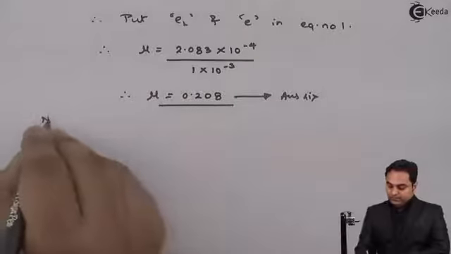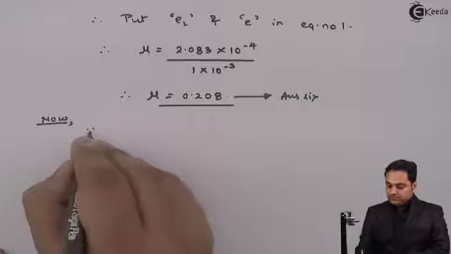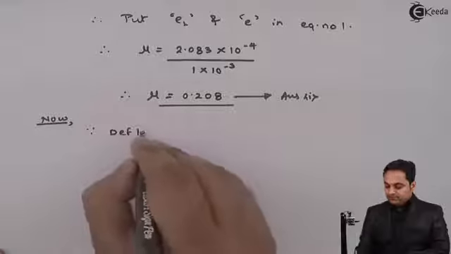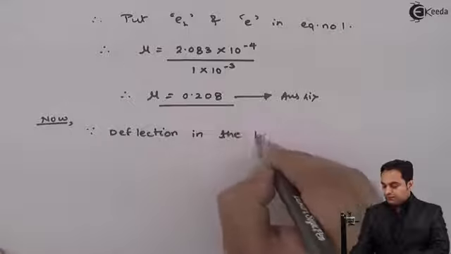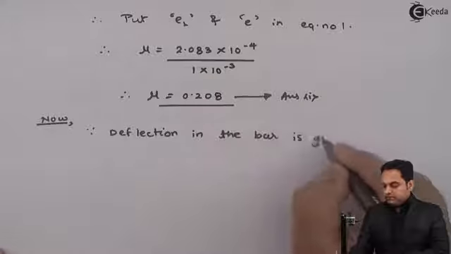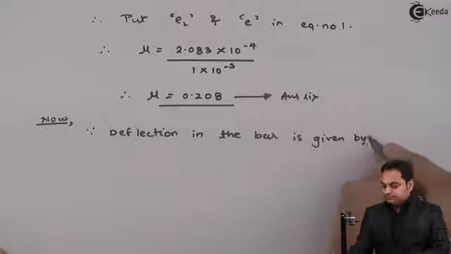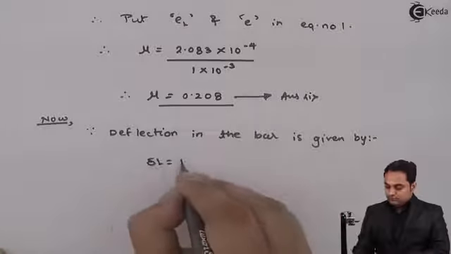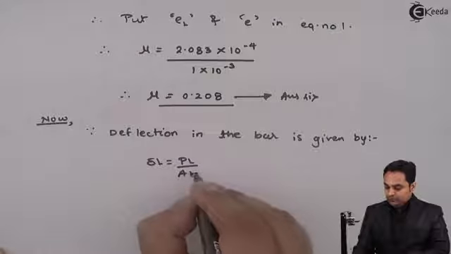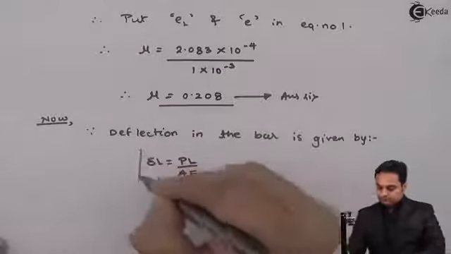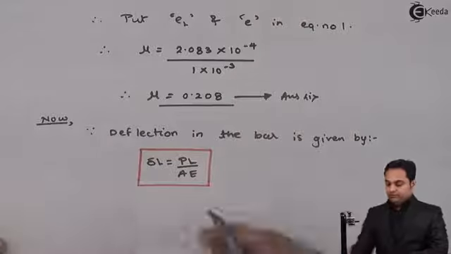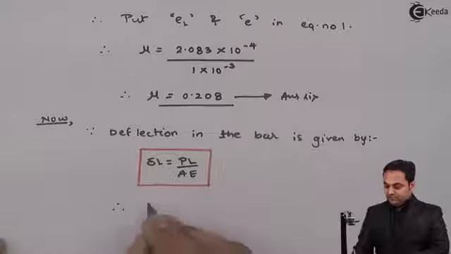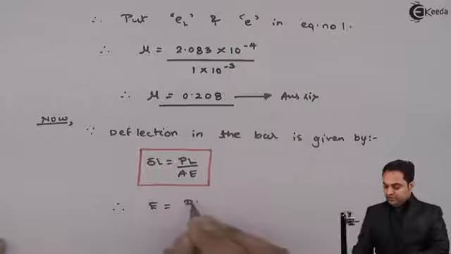So since deflection in the bar is given by delta L is equal to PL upon AE. So here we want the value of E. So I'll shift Young's modulus, that is capital E, on one side and PL upon A into delta L onto the other side.